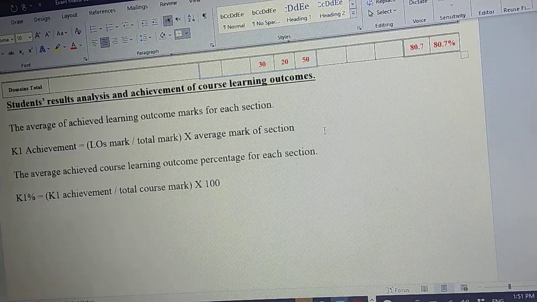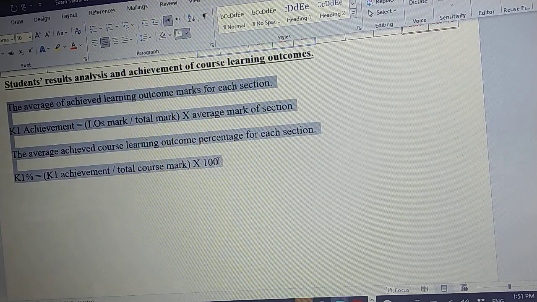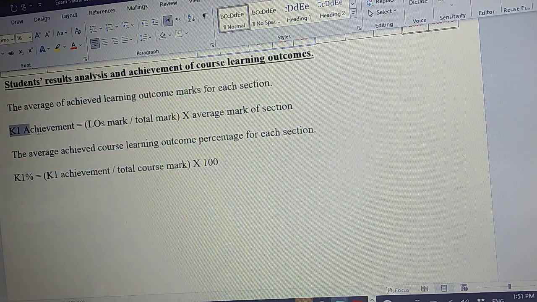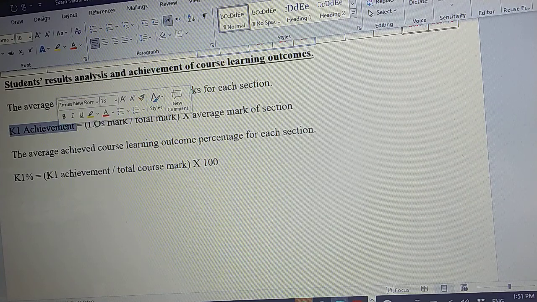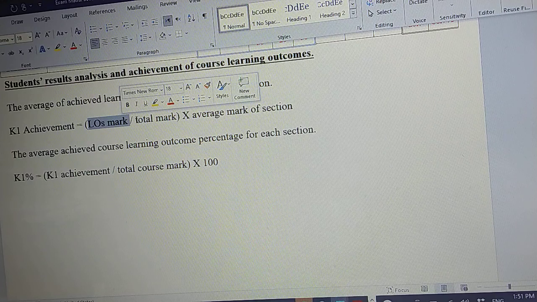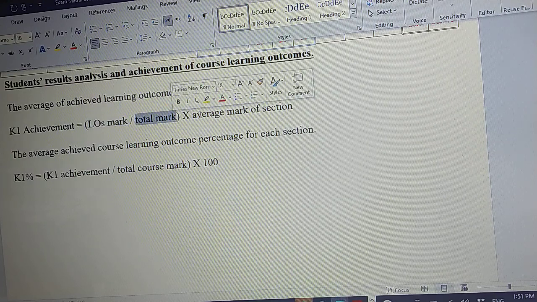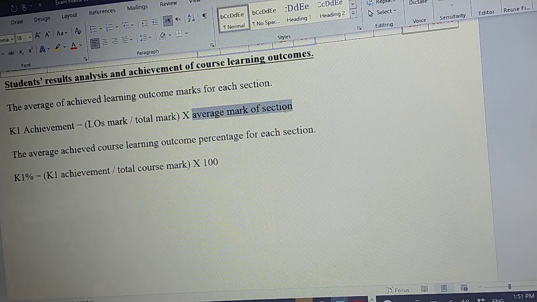I can calculate this from the equation in page 4. For example, K1 achievement will equal learning outcome mark divided by total mark for this assessment method times average mark of section.